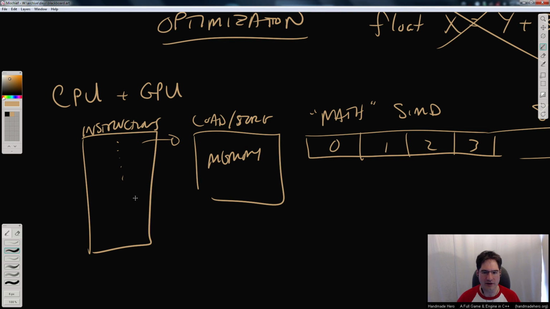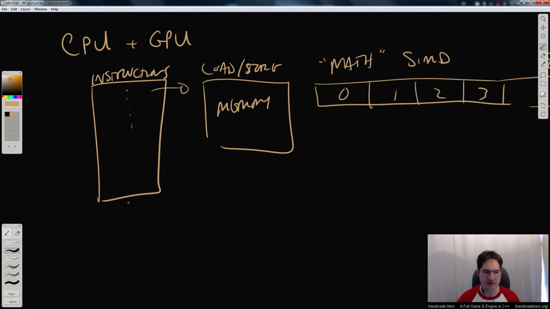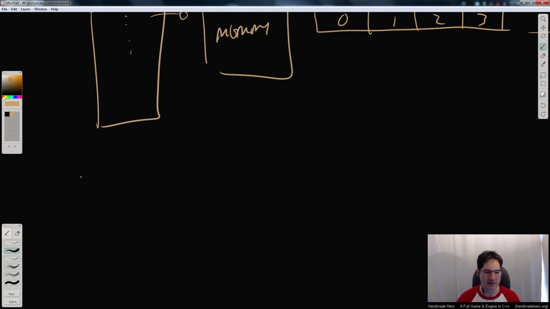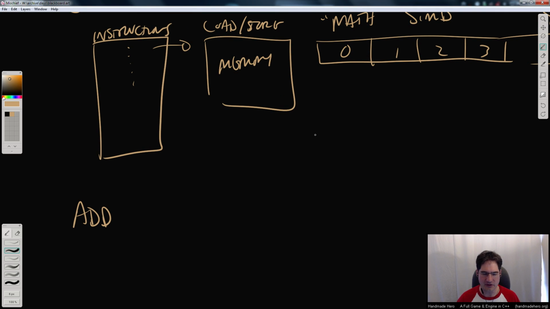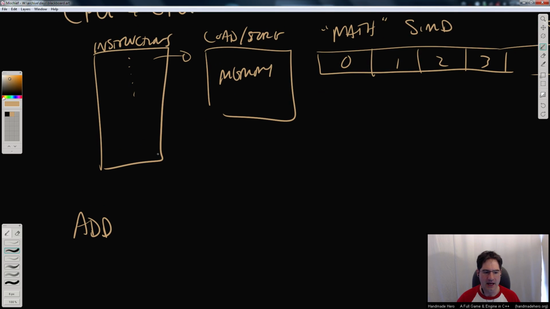Let's think about what one of these instructions actually is. An instruction might be something like add. And there are registers, which we talked about before, the things that processors operate on. So you might say add the contents of R1 and R2 and put it in R0.